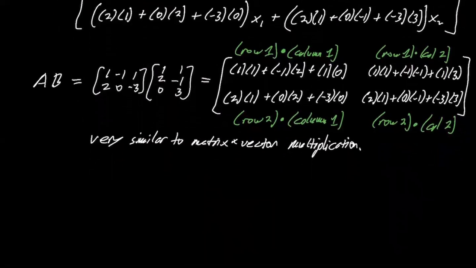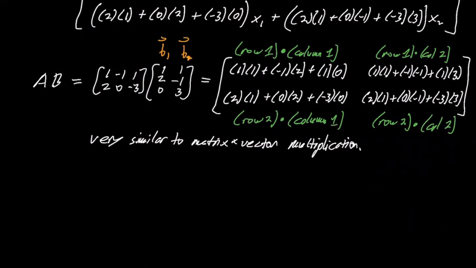Okay. One other way to see the same thing. I'll point out that you can do this in a slightly different way, right? Let's say the following. This matrix right here is B, right? So let's label the columns B1 and B2.